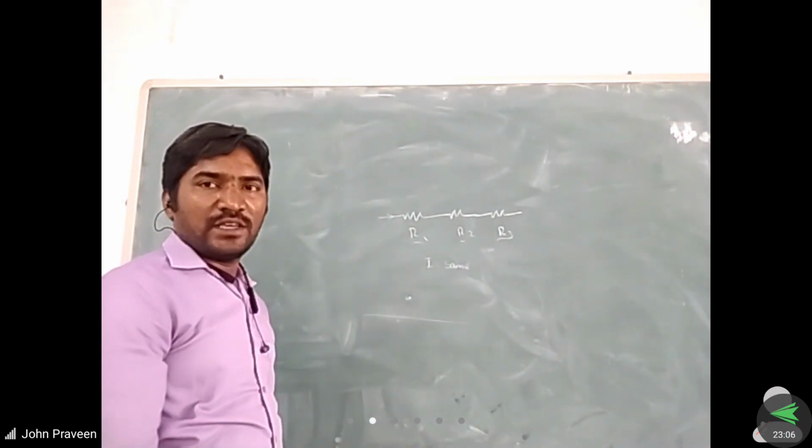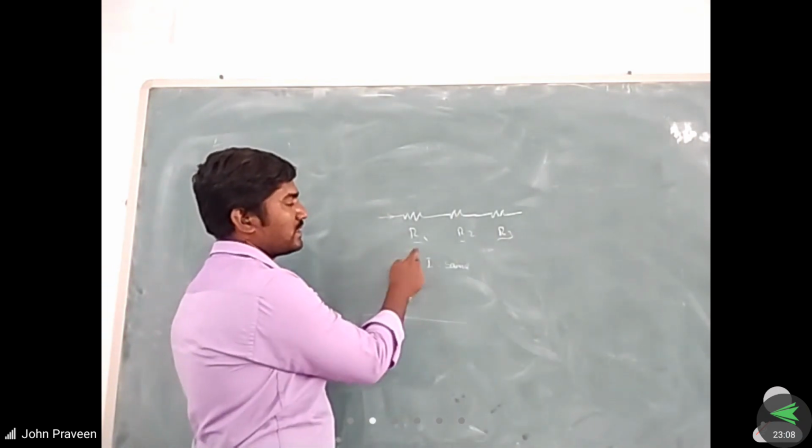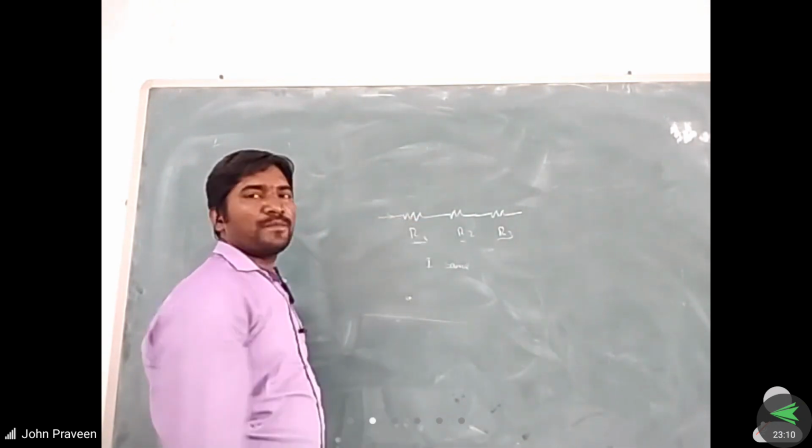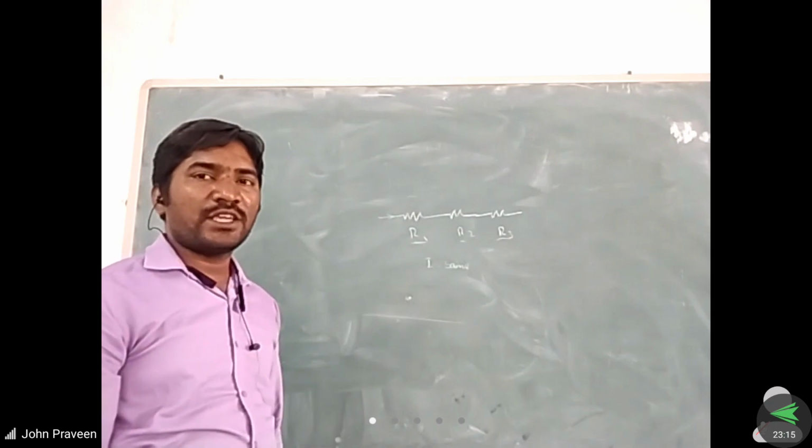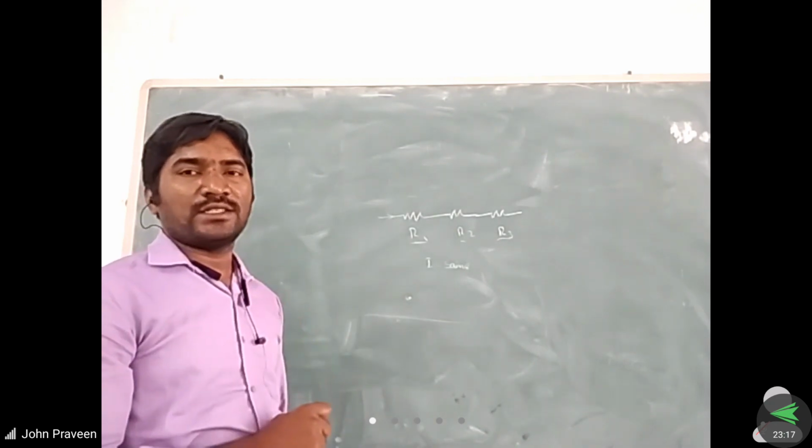So remember one thing: in case of resistance, the resistance value is considered. Similarly, in case of a magnetic series circuit, the reluctance value is considered.